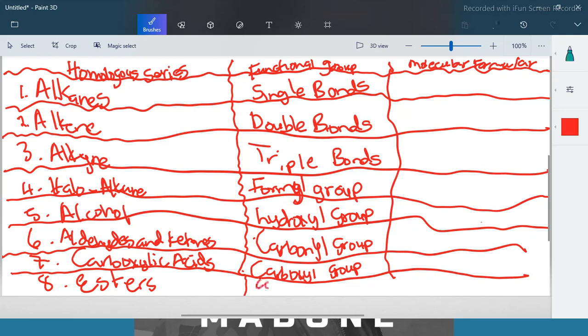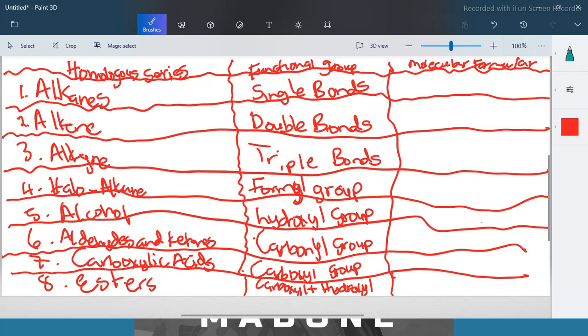Esters, it's a combination of the carboxyl group, pay close attention, plus the hydroxyl group, which means we are combining the carboxylic acids and alcohol to make esters, right? This is also called condensation, just to make sure that my fellow scientists do not insult me over the comments, right?